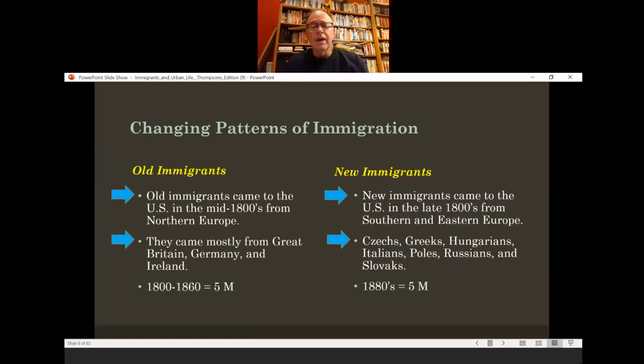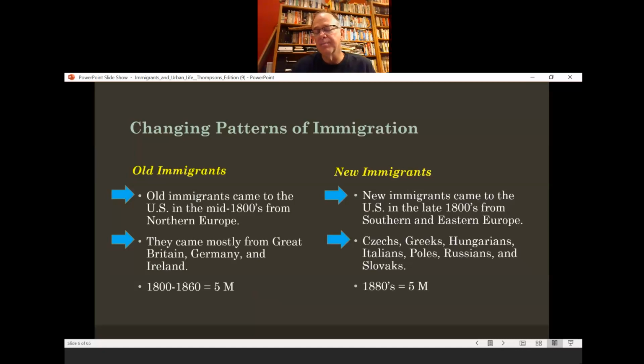So the old immigrants, these are the folks that have been around for quite some time now. And actually, in charts, it's showing old immigrants coming from just after the founding of our country. And we know there were immigrants before, of course, but we're calling the old immigrants the ones from 1800 to 1860, a 60-year time period.